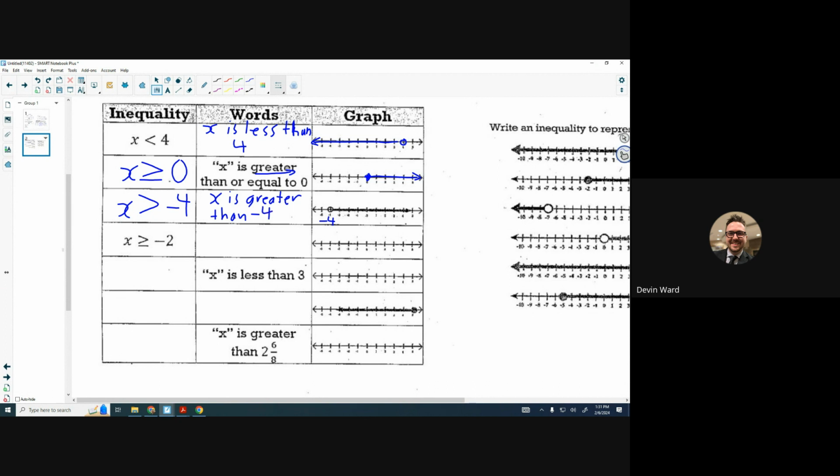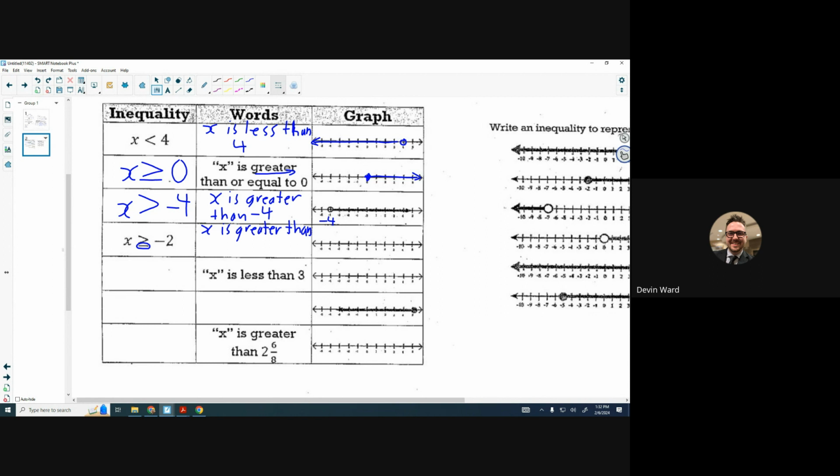Here, the opening is at x, so x is going to be bigger. We know x is greater than. But I have the equal sign beneath it, or half the equal sign.